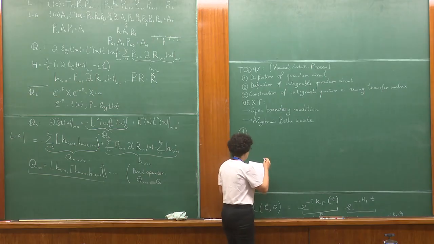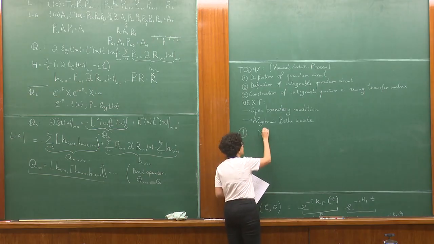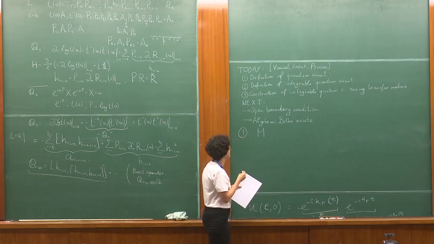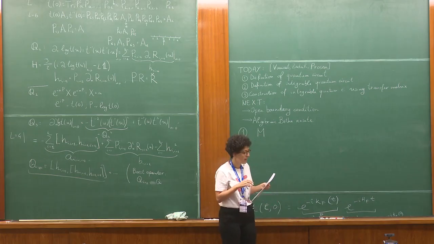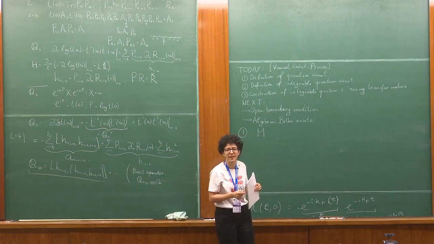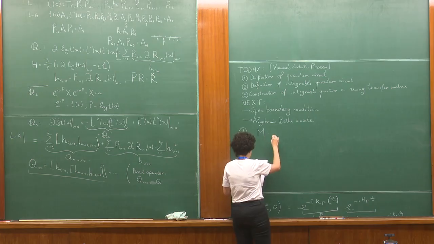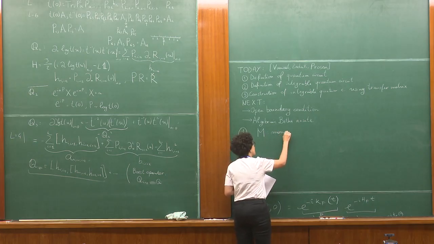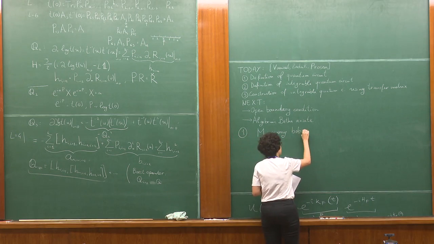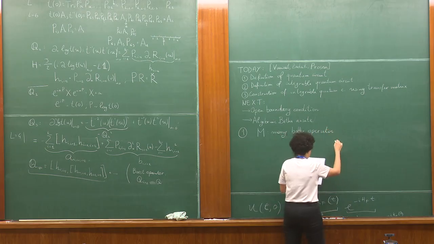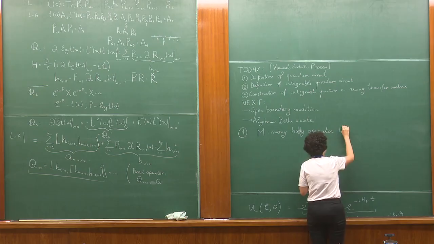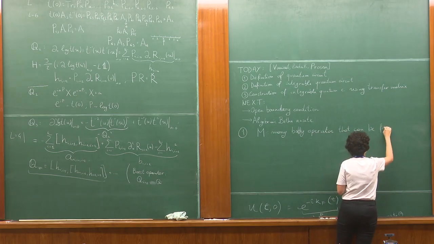I will say that a many-body operator M is referred to as a quantum circuit if it can be factorized into a finite sequence of two-particle operators that are called gates.